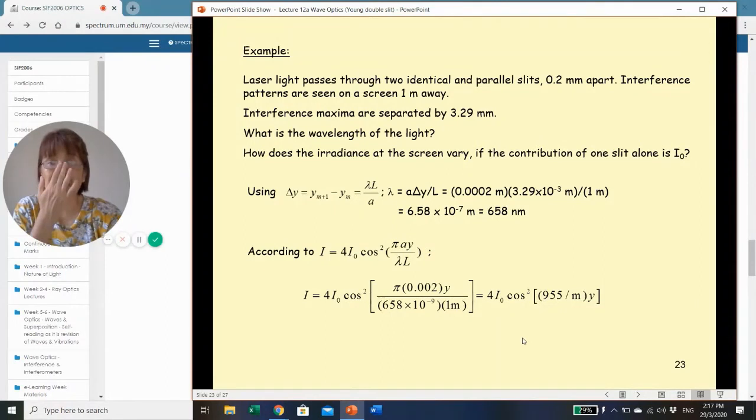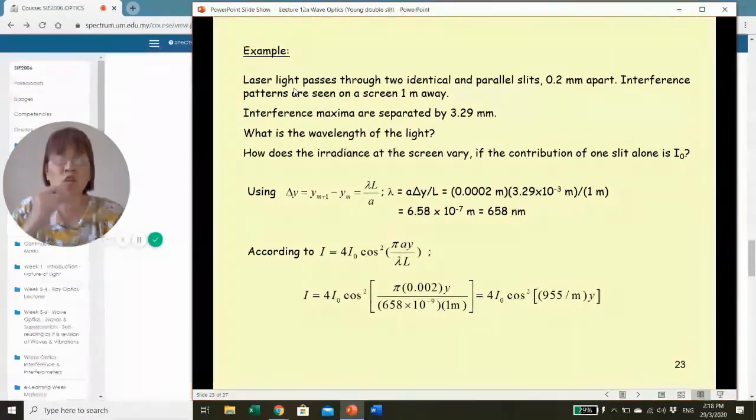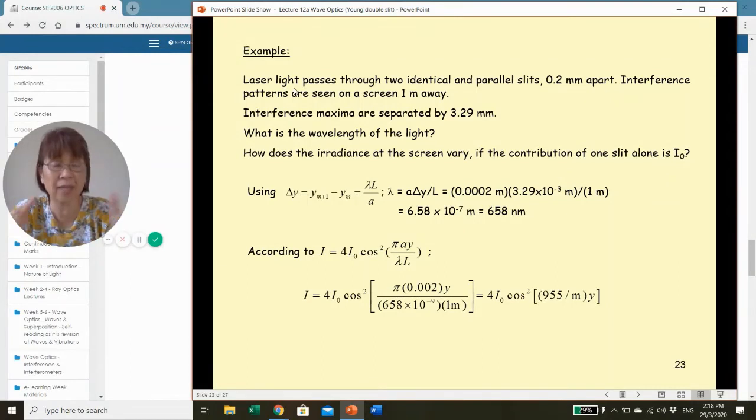Now here's an example where laser light passes through two identical parallel slits. If you use laser light, you don't need the single slit before the double slit. But if you use a monochromatic light source, maybe a sodium light source, then you will need that single slit in front, before the double slit.